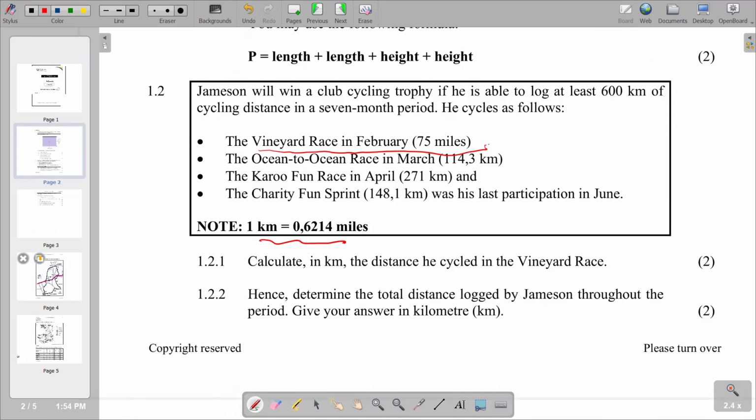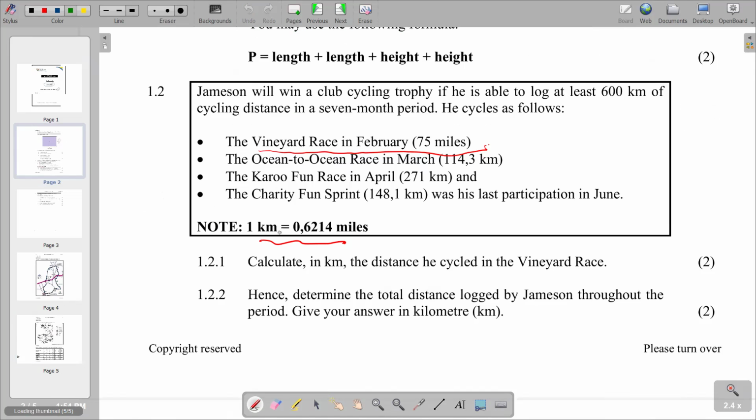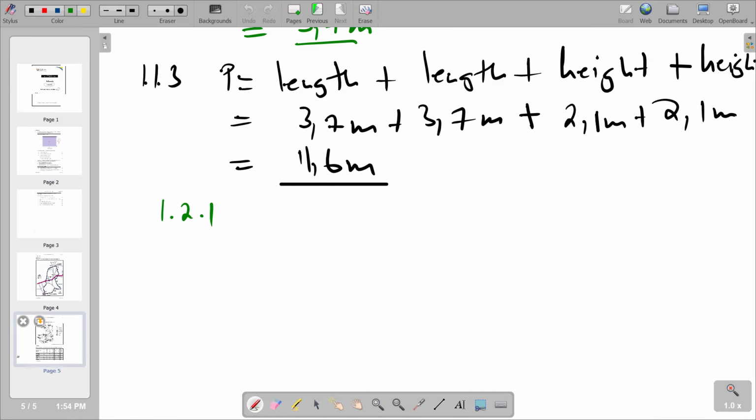So in our answer section, we can start with that conversion, now on 1.2.1: 1 kilometer is equal to 0.6214 miles.